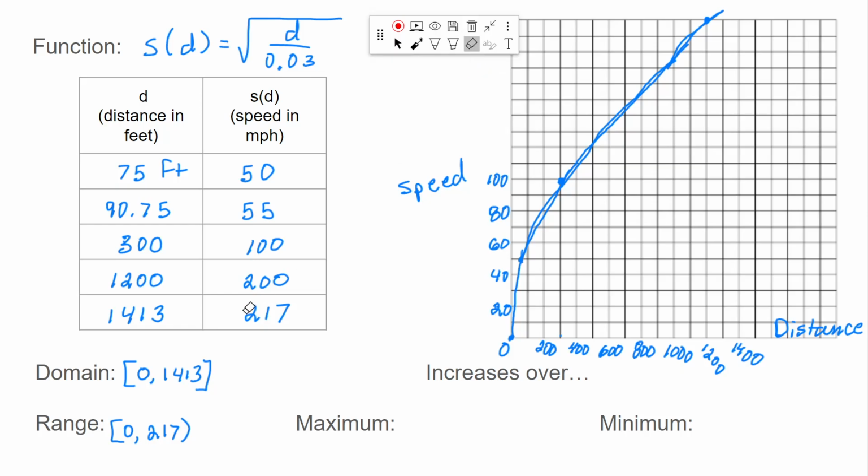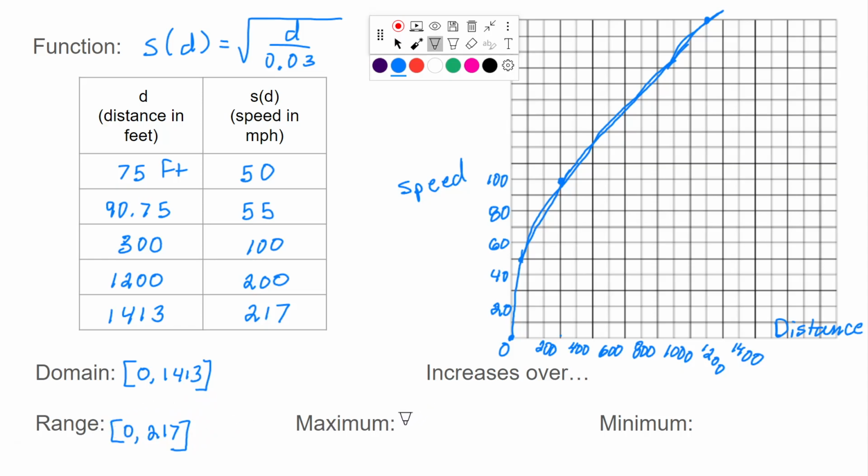And that should be a bracket on the 217 because that is the fastest speed. Our maximum and minimum will also change, because maximum and minimum come from the interval for the range.